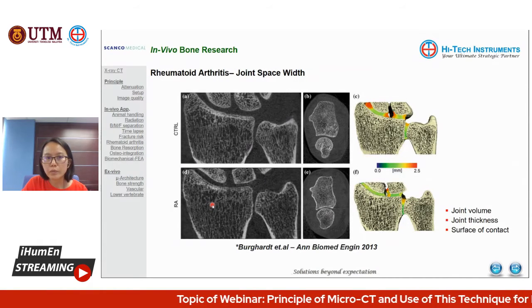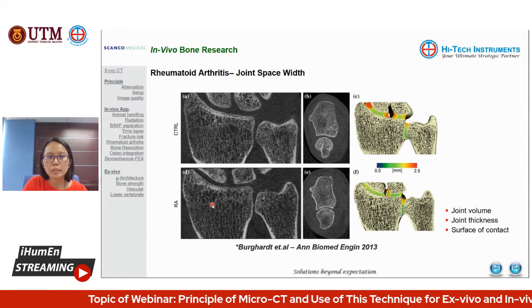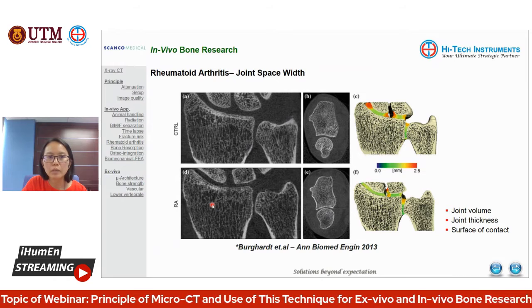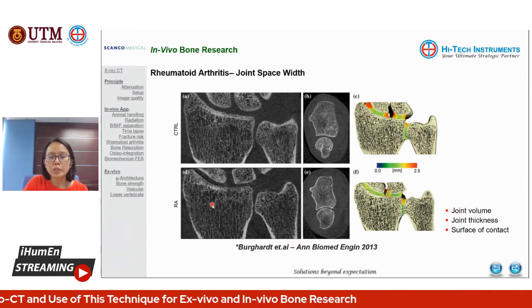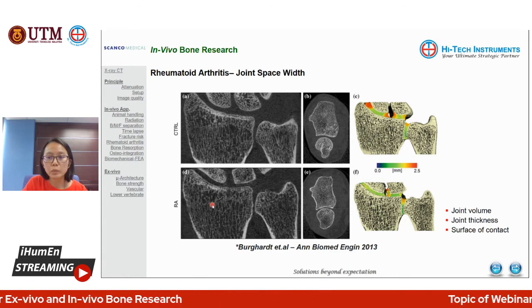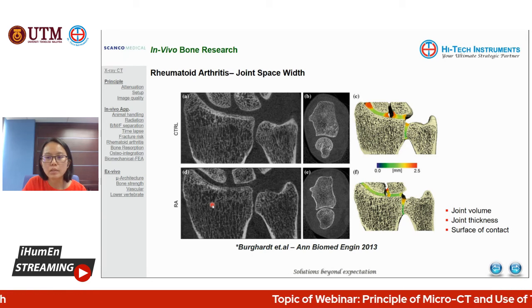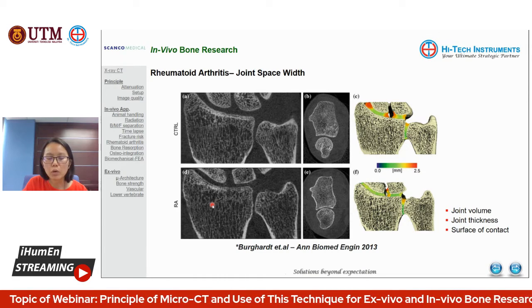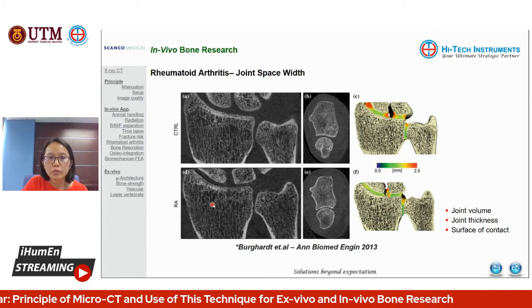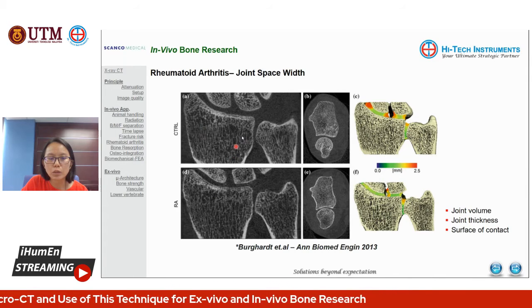And in vivo bone research, you can use it to do arthritis studies, like rheumatoid arthritis, which is a disease caused by autoimmunity, and it will cause swelling and pain around the joints due to the corrosion and damage of the bone. So from here, you can see this is the control.